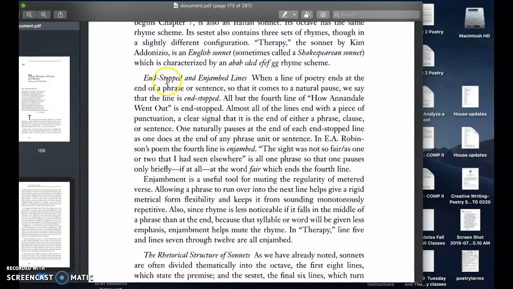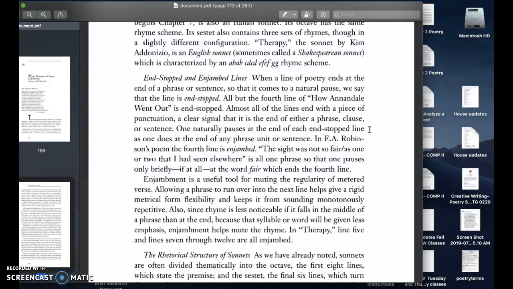We also talk about end-stopped and enjambed lines. That's when a line of poetry ends at the end of a phrase or sentence, so when you're speaking it, it comes to a natural pause, and we say that the line is end-stopped. Every single one of the lines except the 4th line is end-stopped, and almost all the lines end with a piece of punctuation, which tells the reader, just like in regular writing, what's a phrase, a clause, or a sentence.